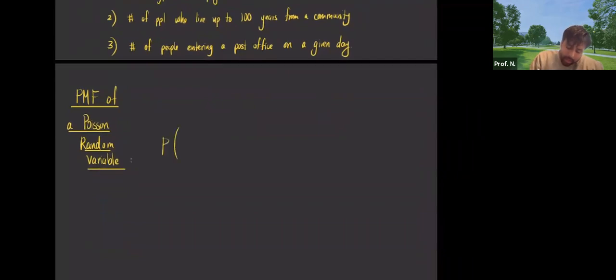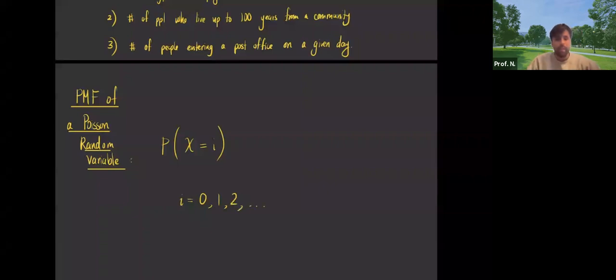So the probability that my random variable x, which is a Poisson random variable, equals i, which is some value i, and i ranges from 0 to 1 to 2, dot, dot, dot, to infinity. This is similar to the geometric random variable, because the geometric random variable has an infinite number of values.